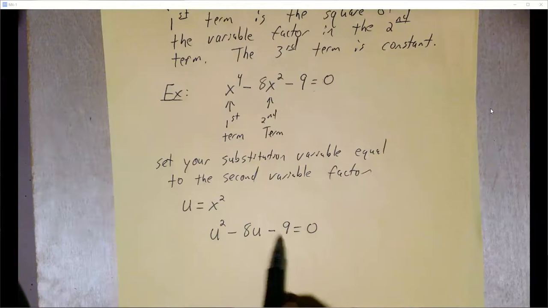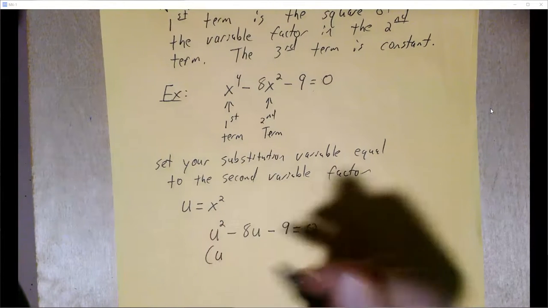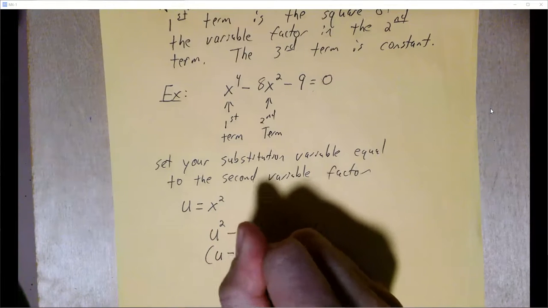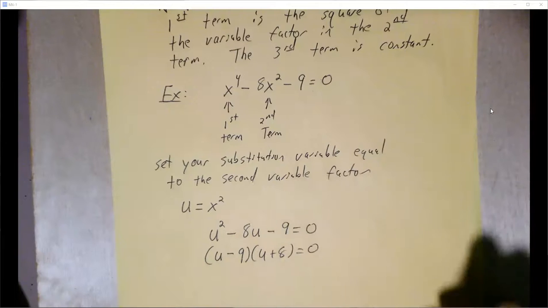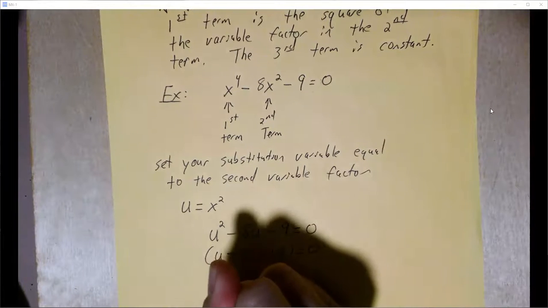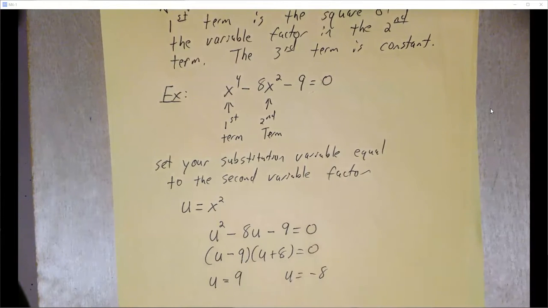Multiplies to make -9 and adds to make -8. So this is going to factor into u minus 9 and u plus 8, giving me the solution u equals 9 and u equals -8.